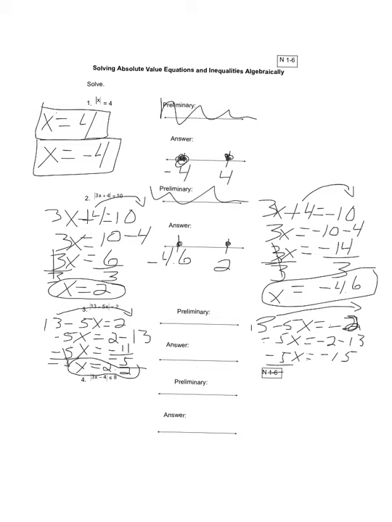Divide by negative 5. And x equals 3. Box it, circle it, square it, rectangle it, whatever. So the first one is 2.2. Put a point. Next one is 3. Put a point.